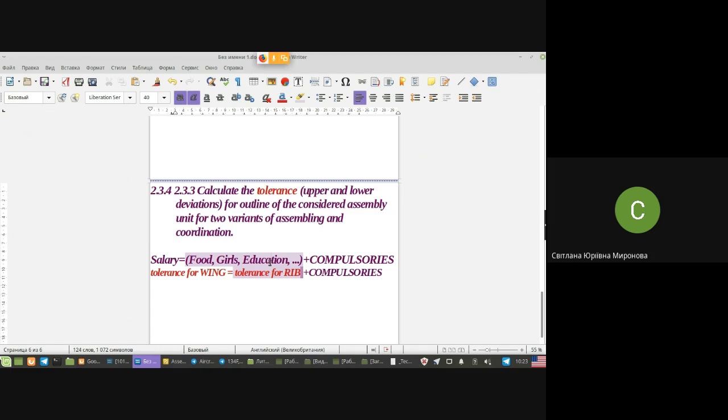But really, we also have some methods which are without jigs. I hope you do remember: assembling by marking, assembling by surfaces, assembling by assembly holes. But the story is rather similar anyway in most cases. And in our case, when we are talking about a particular assembly method, pay attention. Here it says consider, calculate the tolerance for two variants of assembly and coordination. Actually, you use only one variant of assembly method.